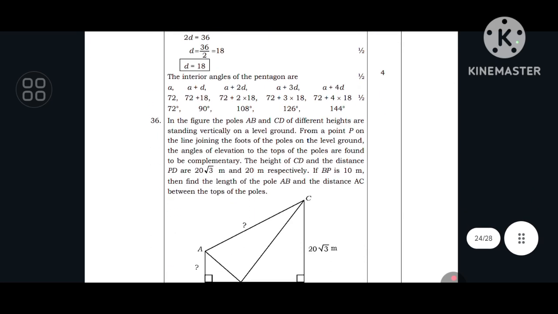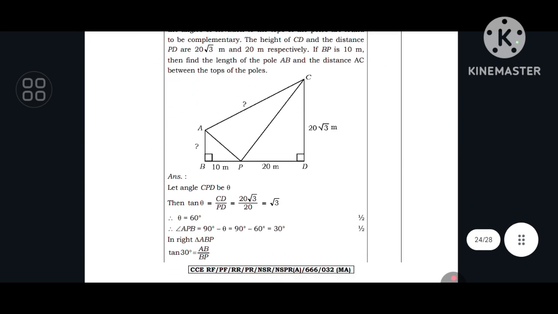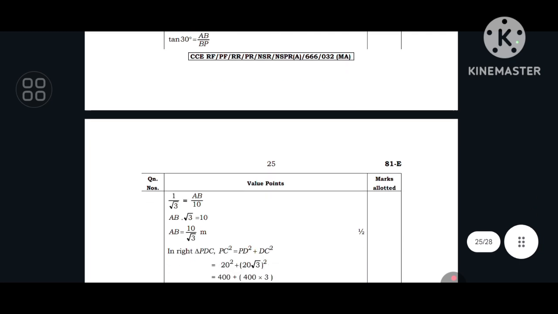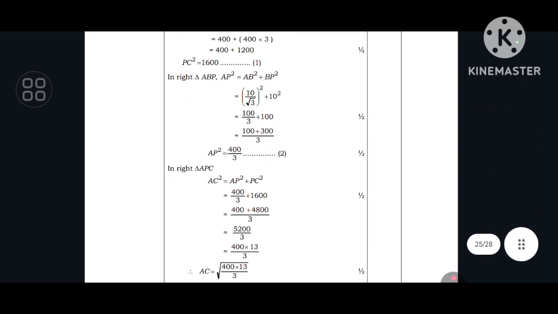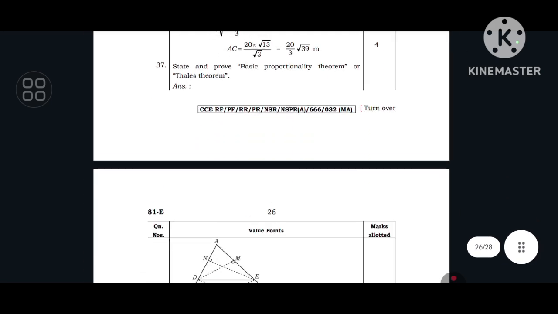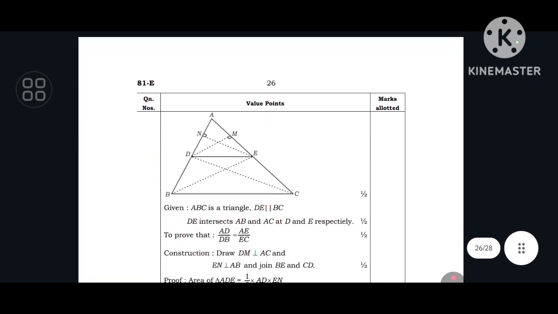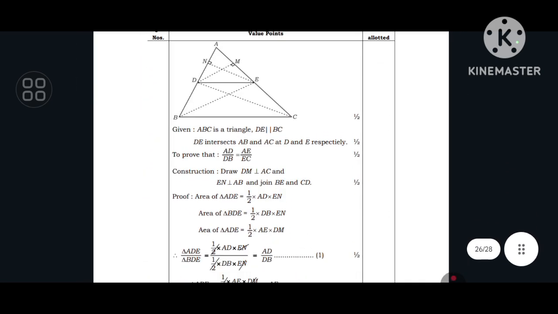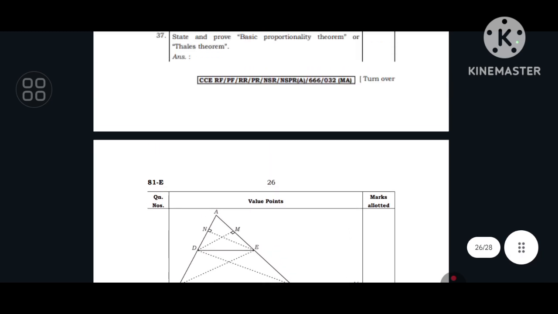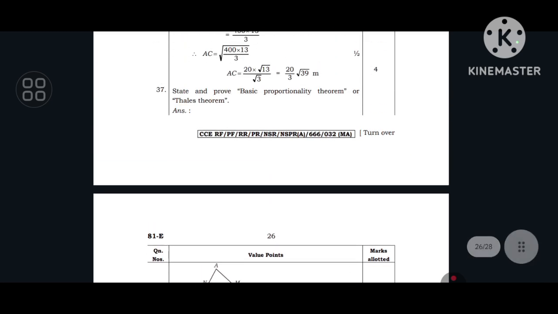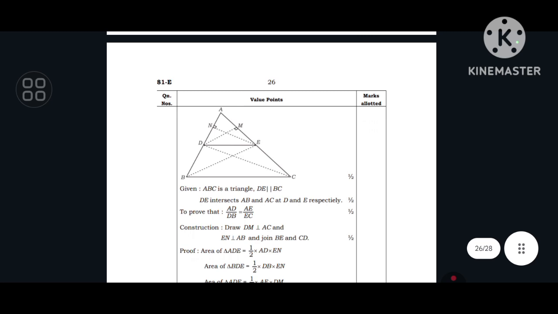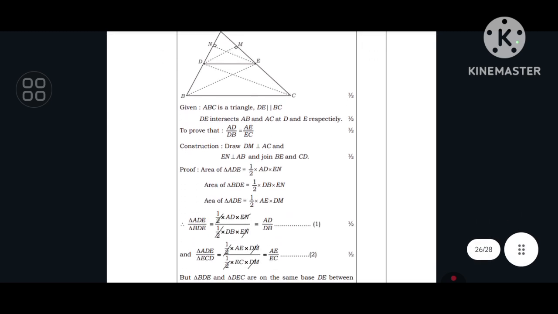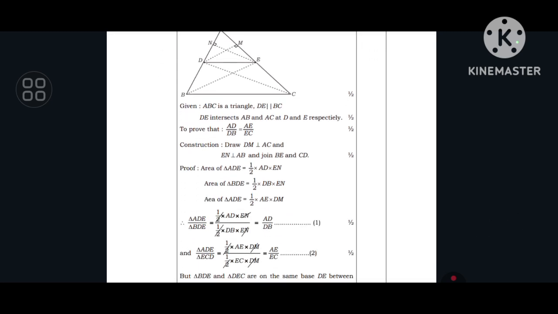This video would be very lengthy, so I will directly scroll through this question paper, because students will not be able to watch it if it is very lengthy. So sorry, but please practice all theorems from the lesson on triangles. As you can see here, they have asked the triangle question based on stating and proving the Basic Proportionality Theorem, BPT. Many times they have asked Pythagoras and similar triangles, but this time they have asked BPT.